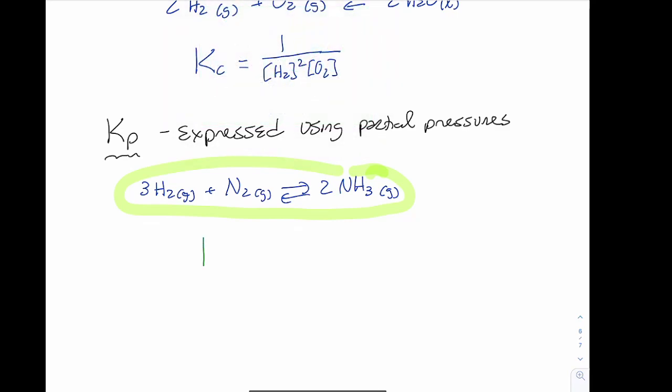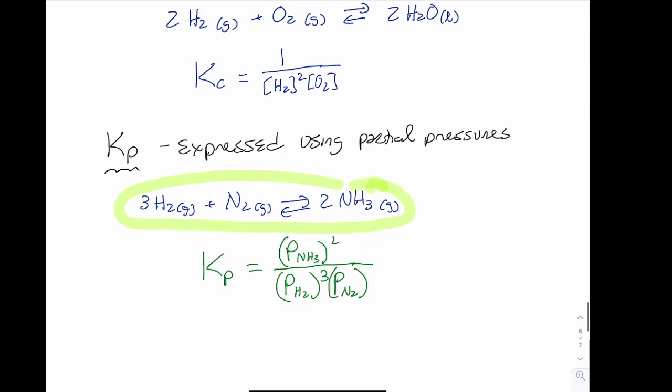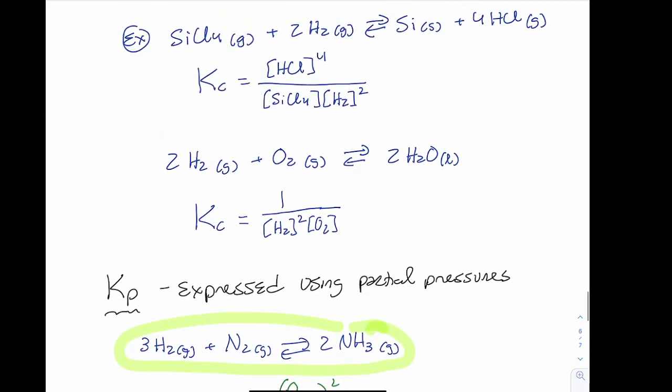It's just that instead of putting brackets for molar concentration, I'm going to do a P for partial pressures. So Kp is going to be equal to the partial pressure of NH3 raised to the 2nd power over the partial pressure of hydrogen raised to the 3rd power multiplied by the partial pressure of nitrogen, again raised to the 1st power because there's 1 of them. And just like our concentrations up here, all of these needed to be at equilibrium.